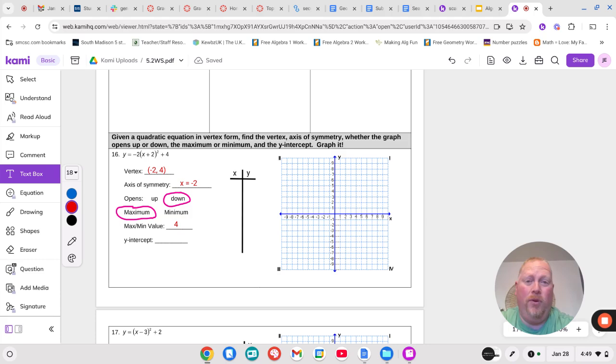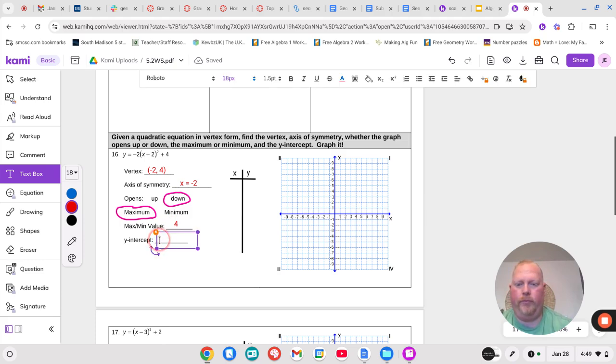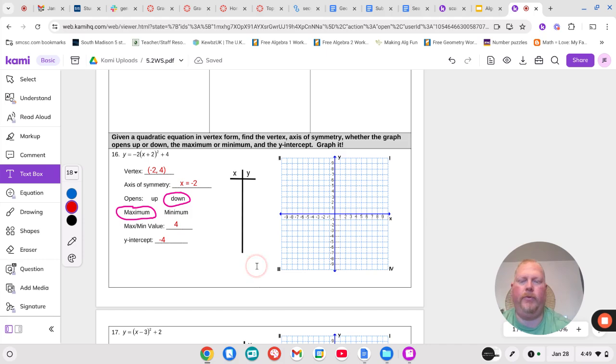And then I add the 4. And so that's going to put me at -4. The other way of figuring out the y-intercept is just go ahead and graph it first and then tell where it hits the y-axis. If you think that's easier, do it that way.